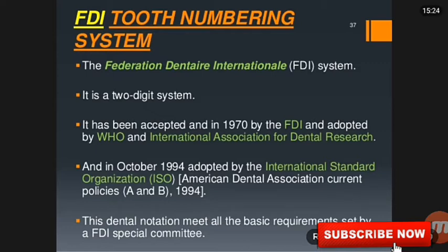It was accepted in 1970 by the FDI and adopted by WHO and the International Association for Dental Research, and in October 1994 it was adopted by the International Organization for Standardization, ISO. This dental notation meets all the basic requirements set by an FDI special committee.